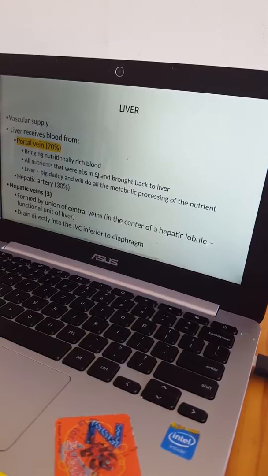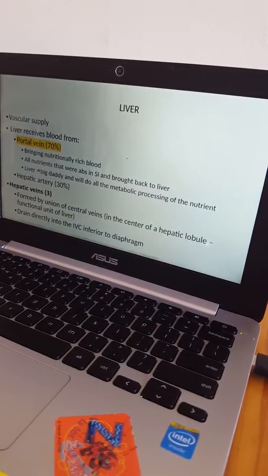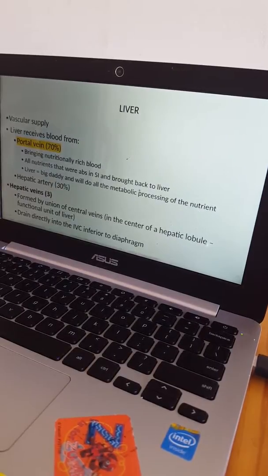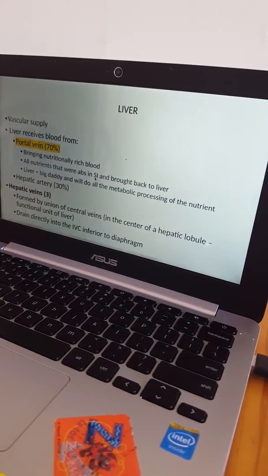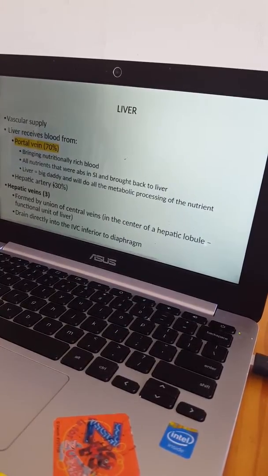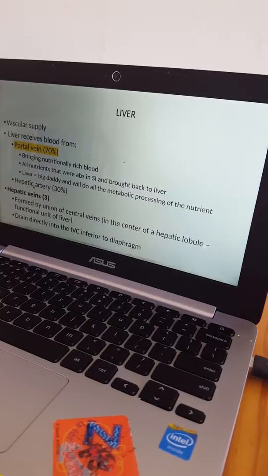The liver is the bigger organ and will do all the metabolic processing of the nutrients. The hepatic artery supplies 30% of the liver.